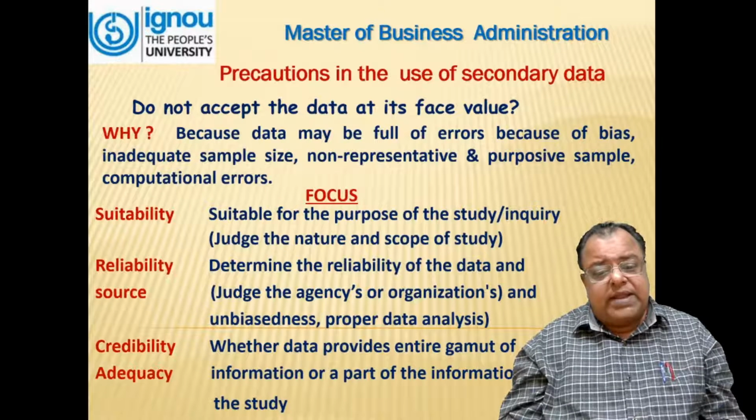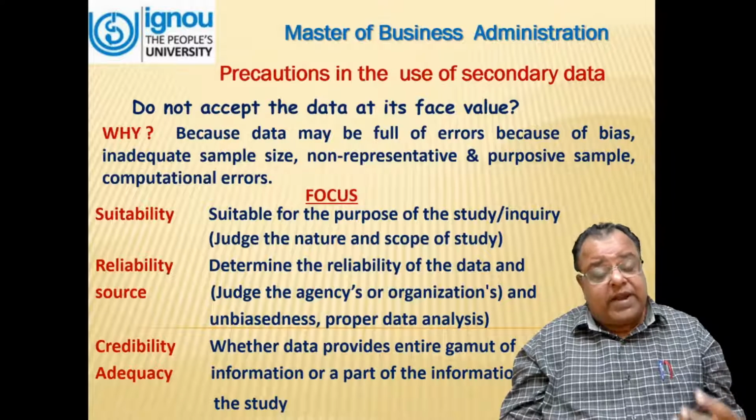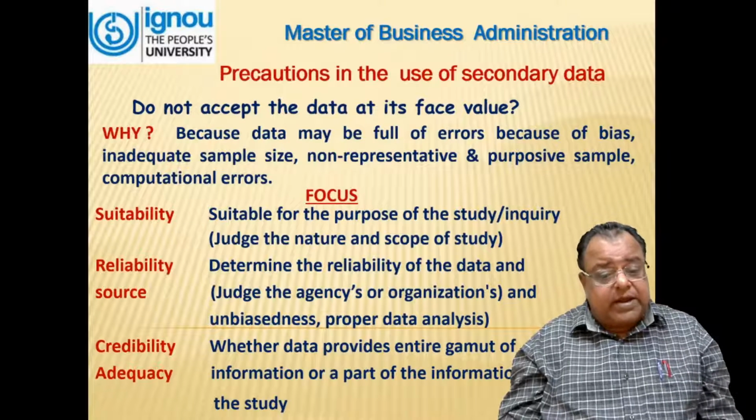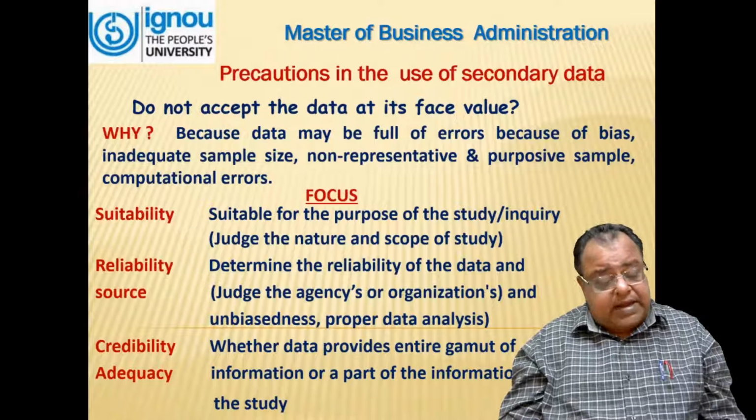We have to determine the reliability of the data and unbiasedness of the data. We have to judge the accuracy of the agency which is providing the data, from where we are taking up the data. Credibility of the source: whether the data provides the entire gamut of information or only a part of the information under the study.